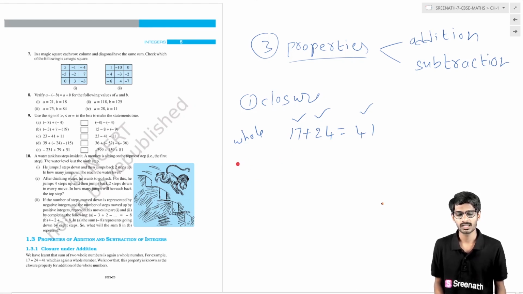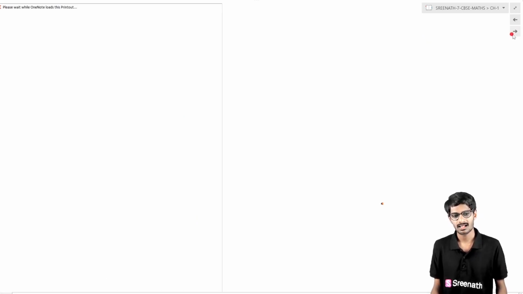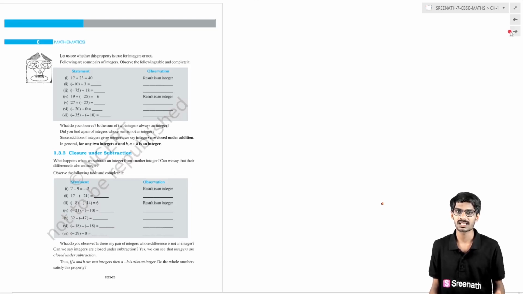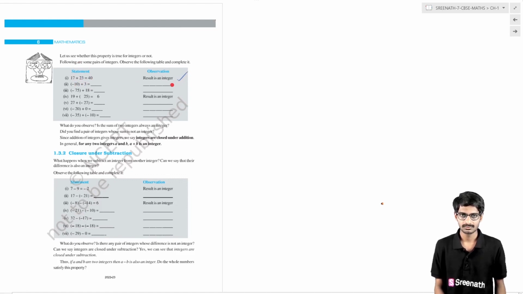Here we are considering integers. When we add two integers, if the result is also an integer, then we say that closure property is satisfied. Here 17 plus 23: 17 is an integer, 23 is an integer. While adding we get 40, which is also an integer.